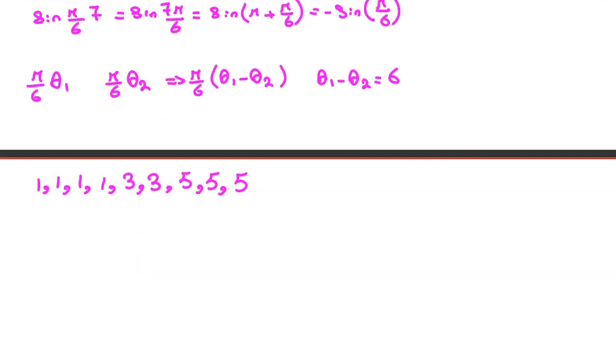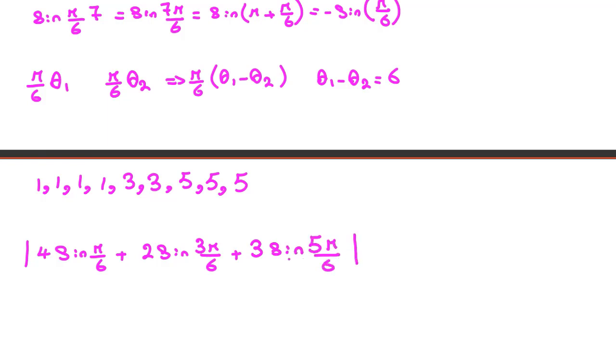So now it's time to calculate. Absolute value of 4 sine 1 pi over 6 plus 2 sine 3 pi over 6 plus 3 times sine 5 pi over 6. Okay?